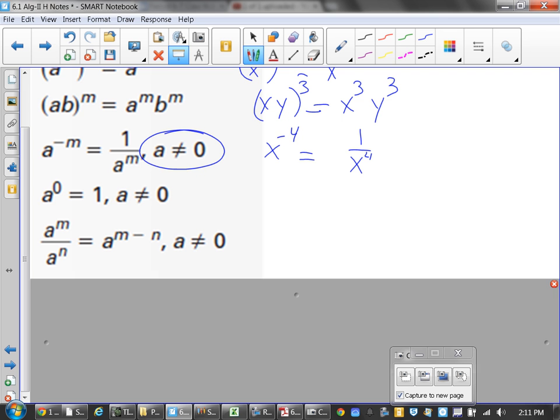Why does that rule work? Because you are you. It's an identity property. When we get into logarithms, I'll explain. It's a little bit easier to explain.